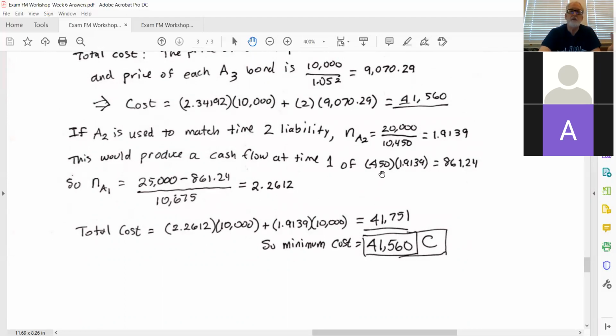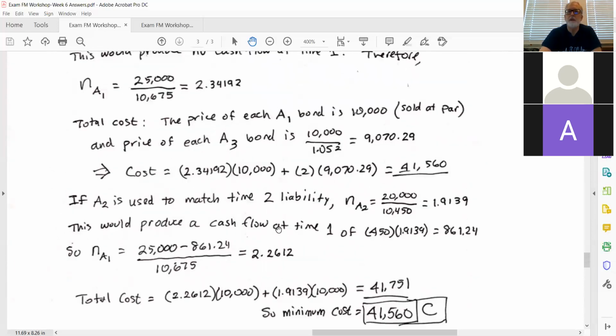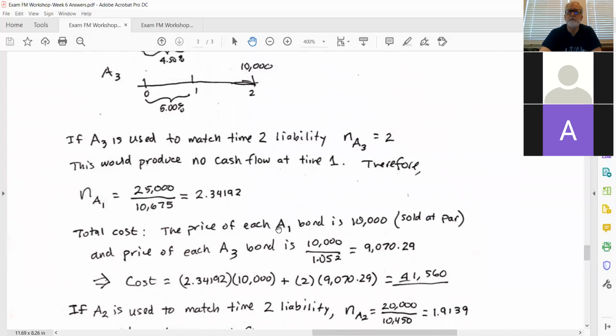So let's say you use 50% of A2 and 50% of A3, well, it would have a total cost exactly halfway in between. So that's why I knew I didn't have to test every single possibility, because if you do 100% of each one, that's going to give you the max and the min of any linear combination of A2 and A3.